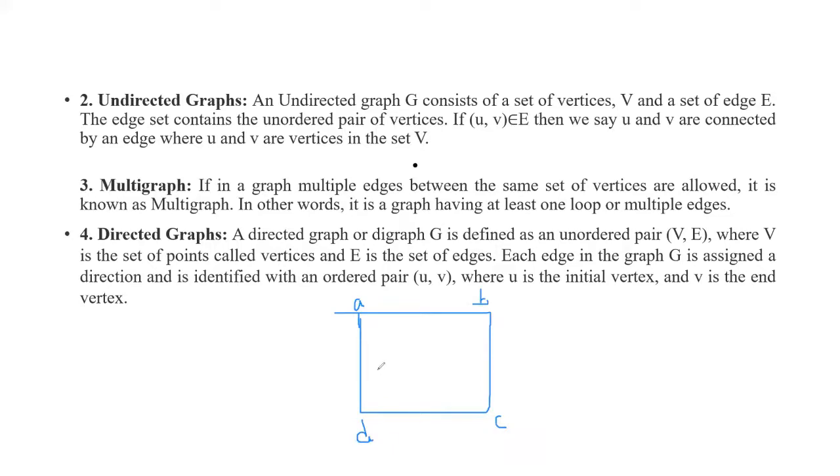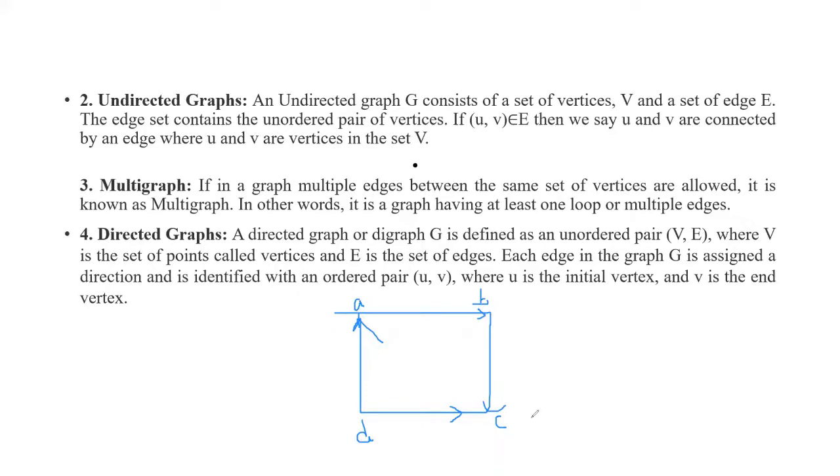So generally, whatever ordered pairs are there, those pairs contain some directions, right? That edge contains the directions like this. So this is your directed graph.